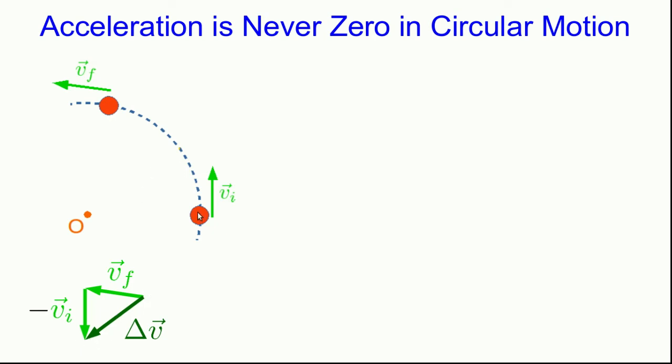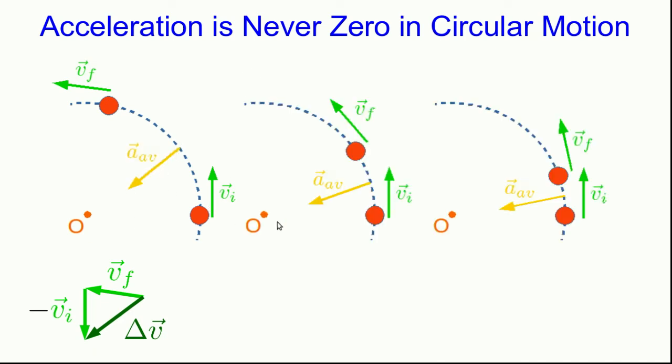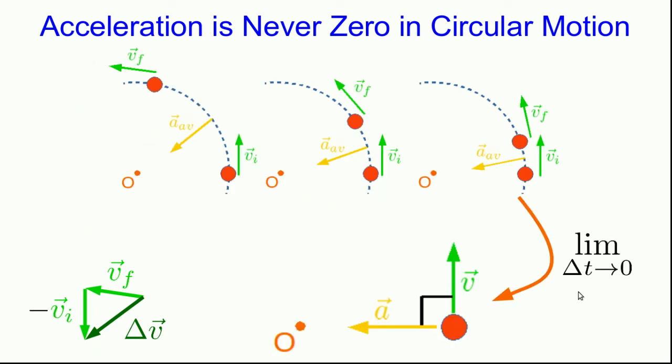And so that tells us that the average acceleration through this time interval is this way. Well, now let's look at smaller and smaller time intervals, and you see that average acceleration tipping like this. And so in the limit, as delta t goes to 0, the acceleration points this way, straight towards the center, perpendicular to the velocity vector.